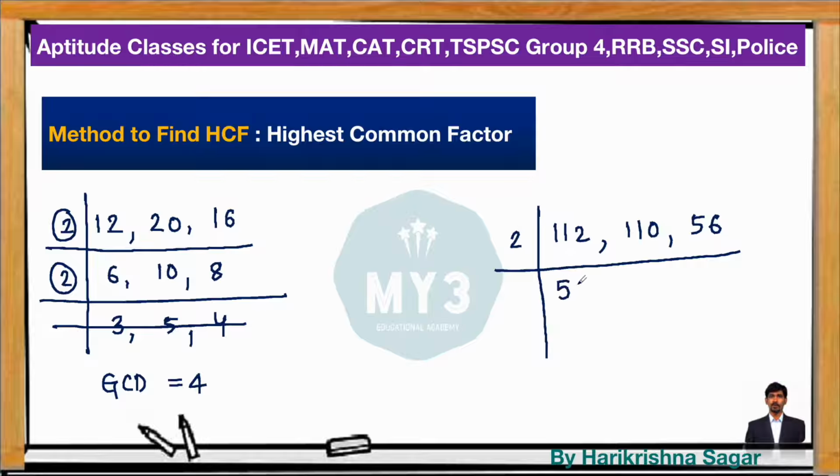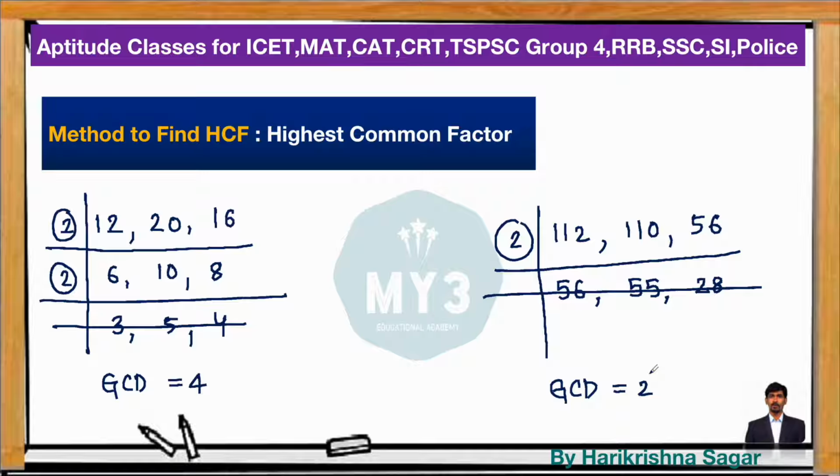So 2 56s are 112, 2 55s are 110, and 2 28s are 56. 56, 55, 28 will not go in any other table. Even though 56 and 28 are going in the 2 table, we should not take them like that. If all 3 numbers are going, then only you proceed with the next step. So you can directly say the GCD or HCF of these numbers will be equal to 2.